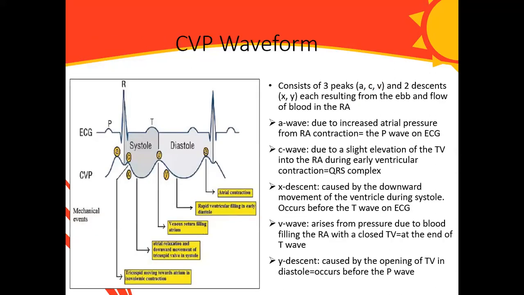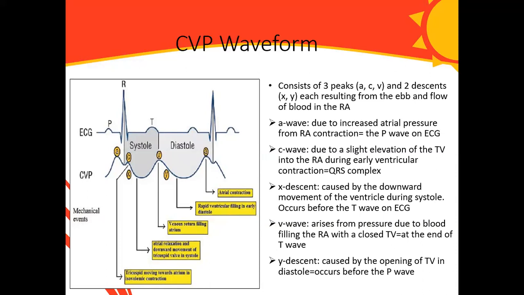Now, very importantly, especially if you're transducing your CVP waveform, it can actually give you a lot of information. A CVP waveform consists of 3 peaks, the A, C and V, and 3 descents, the X and Y descents. These different peaks and descents result from the ebb and flow of blood in the right atrium.